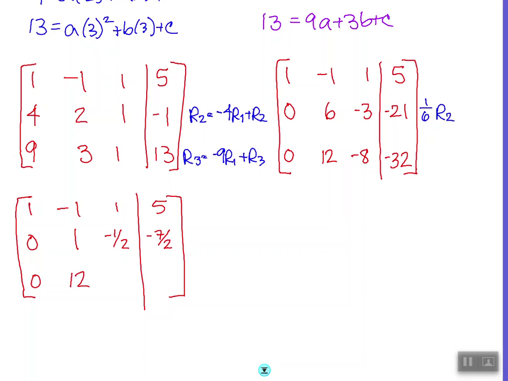Row 1 and row 3 do not change. The next thing I need is for the third row, second column, to be a 0. So I'm going to say that row 3 is negative 12 times row 2 plus row 3.